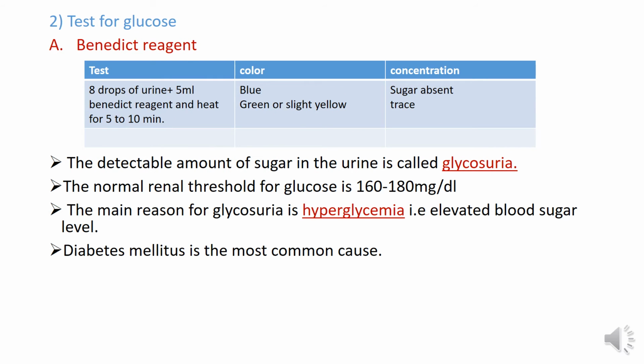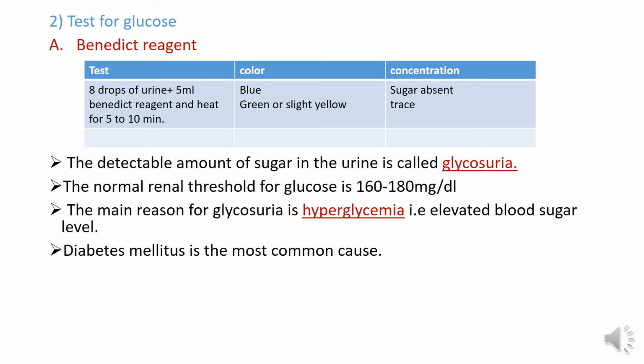Next is the test for glucose. In the test for glucose, Benedict reagent is used. The reagent color is blue, and if the reagent color changes, the sugar concentration level is detected. In this test, we need 8 drops of urine and 5 ml of Benedict reagent, heated together for 5 to 10 minutes.